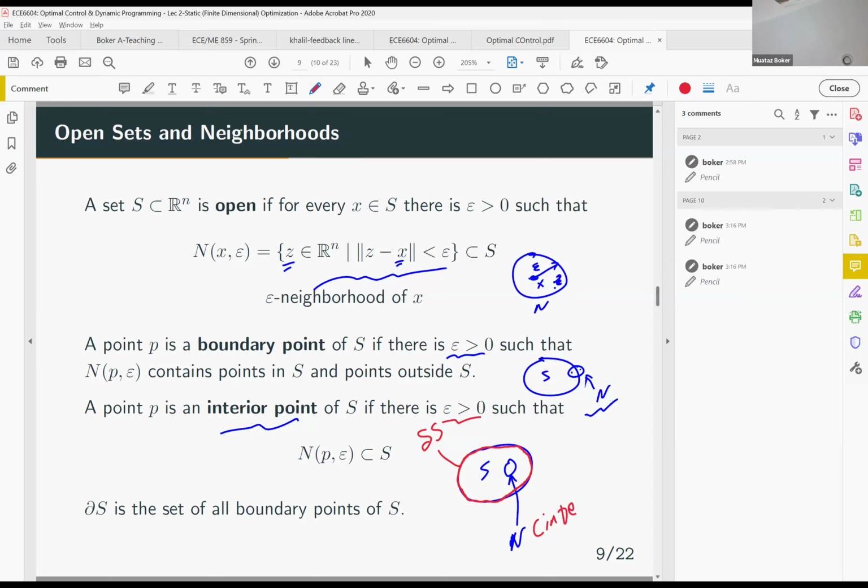So this is an interior point. Okay. All right. Let's move on.